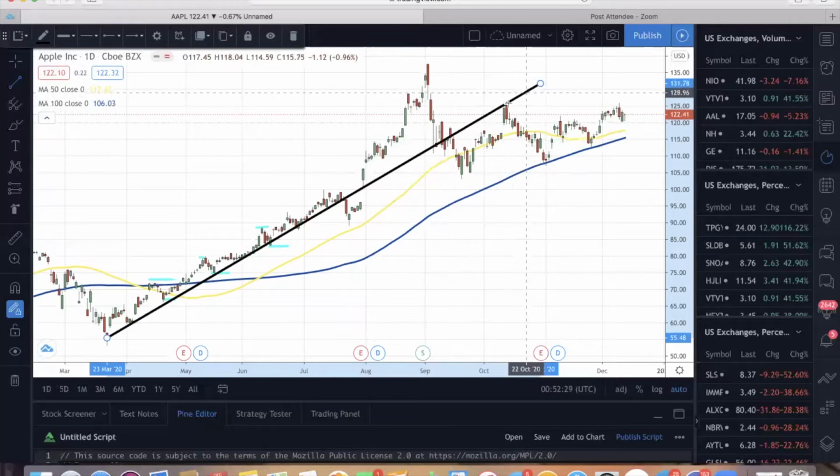Now what we can do with this is identify levels of support and levels of resistance. Just the same way that you can see support holding above and resistance holding below, that's exactly where you need to identify where the trend is at that point in time.